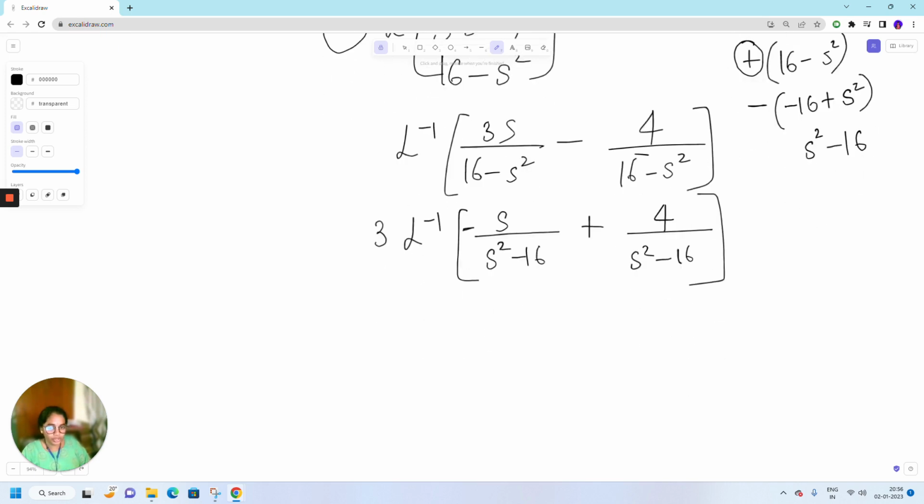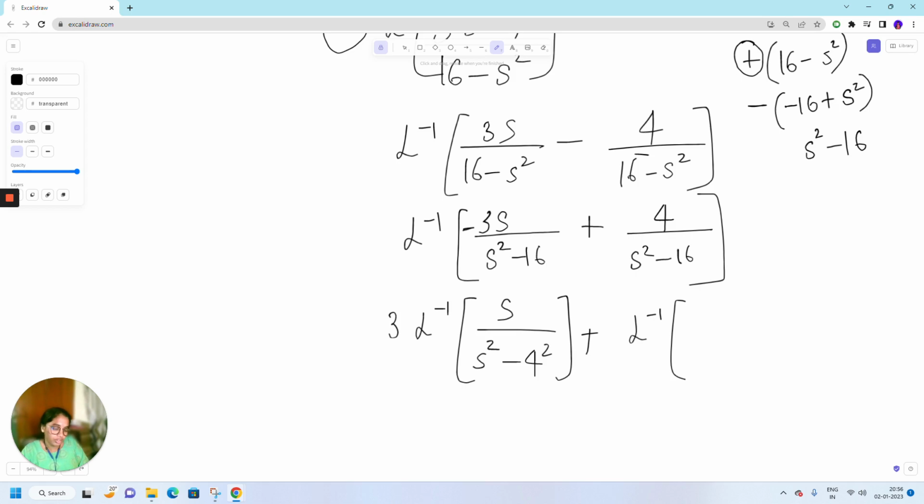Okay, now what should I do? I'll apply Laplace inverse. I cannot take 3 common here, in the next step I'll take it out. I'll write it as 3 Laplace inverse of s divided by s square minus 4 square plus Laplace inverse of 4 divided by s square minus 4 square.